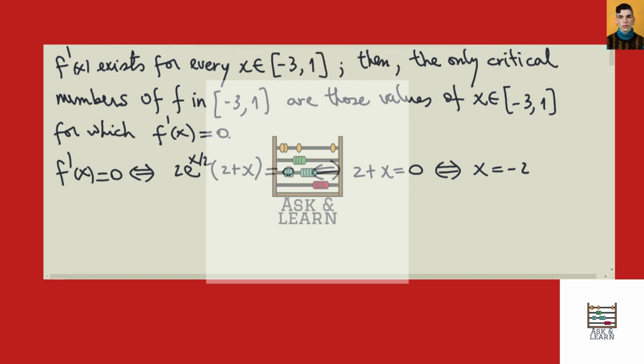So the only critical number of the function in the closed interval from -3 to 1 is x equal -2.